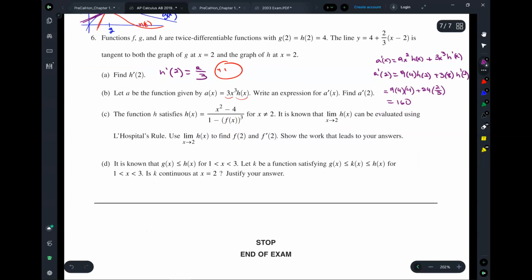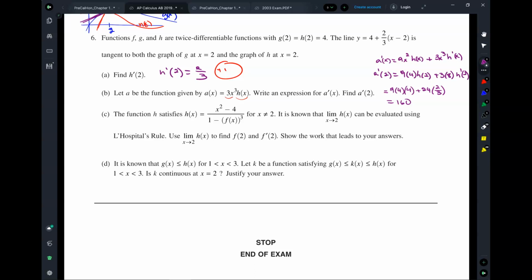The function h satisfies this equation for x not equal to 2. It is known that the limit as x approaches 2 can be evaluated using L'Hopital's rule. What does that tell you if you can use L'Hopital's rule? That it's 0 over 0.